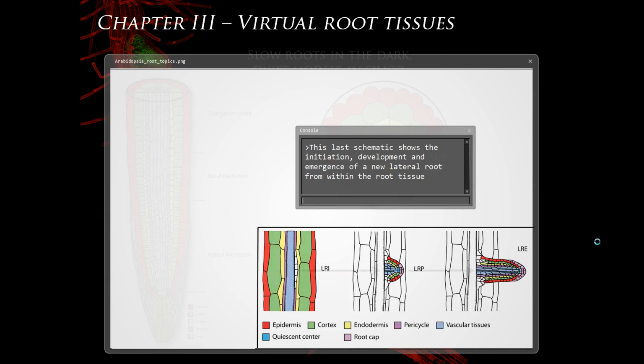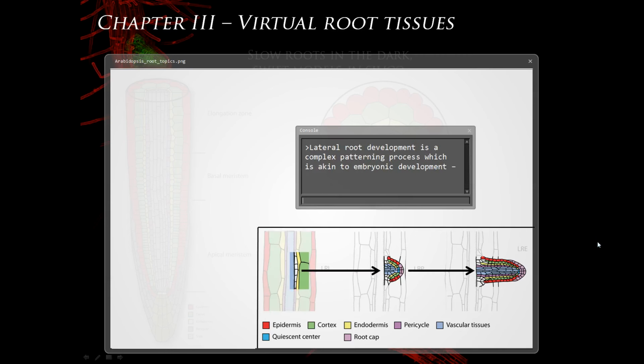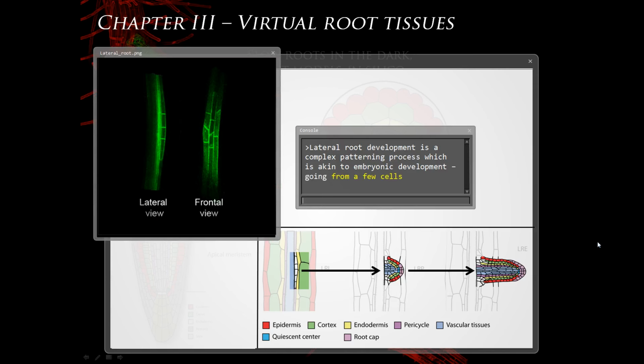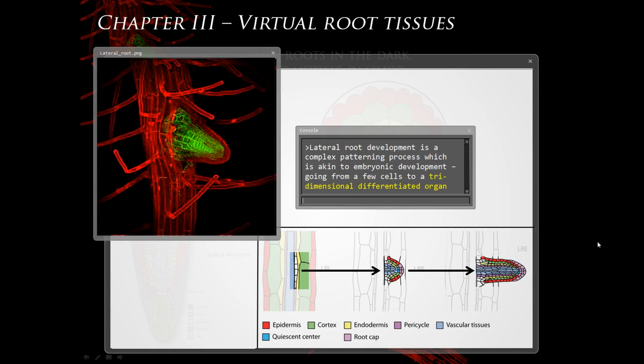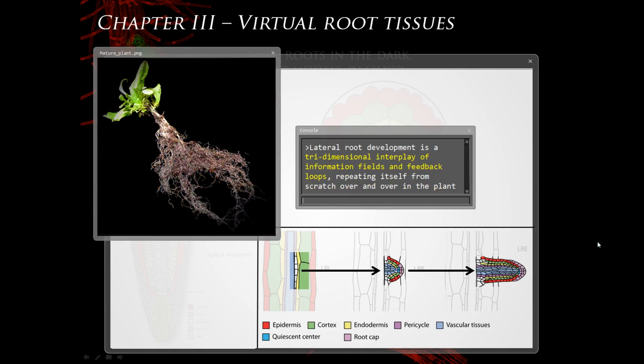This process of lateral development is a complex patterning process which is akin to embryonic development, which starts from a very few cells and moves toward its ultimate fate of being a three-dimensional differentiated organ. And the lateral development is a three-dimensional interplay of information fields and feedback loops, which is repeating itself from scratch over and over and over again during plant development.